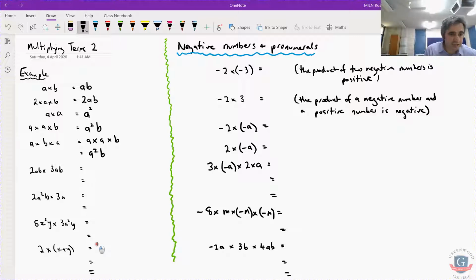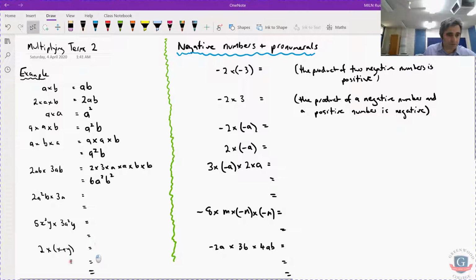Here we have two small expressions with the multiplication symbol in the middle. So we could reorder this: 2 times 3 times a times b times b, which gives us 2 3s are 6, a squared, b squared.